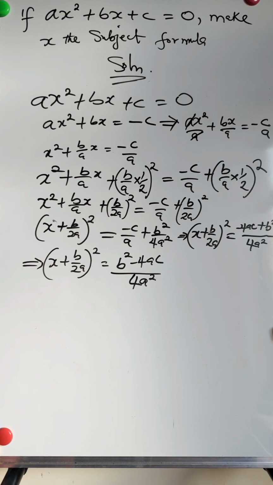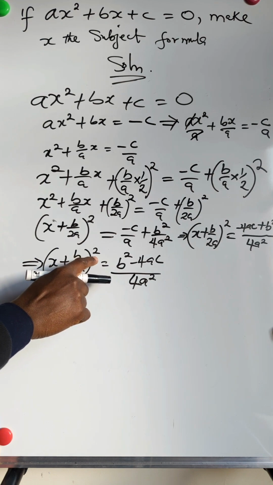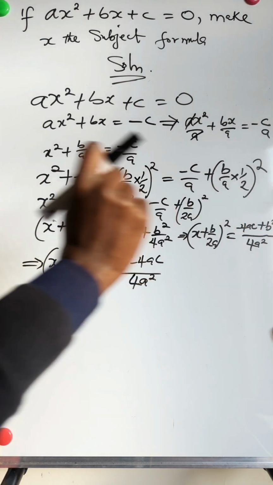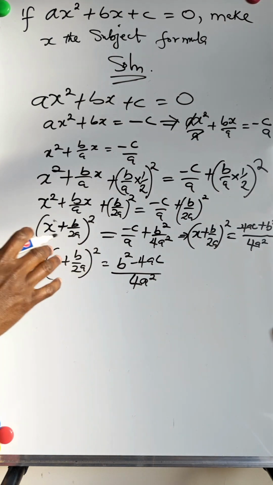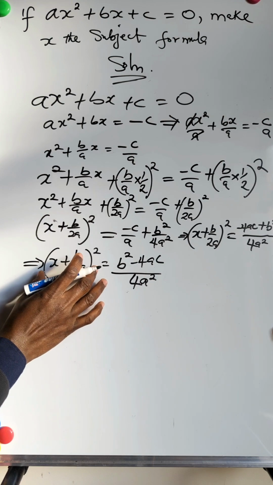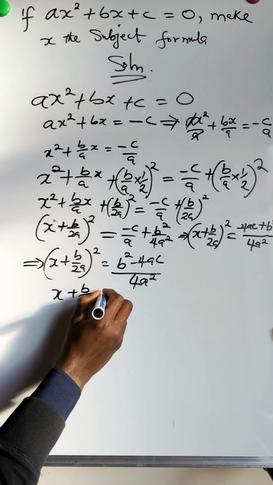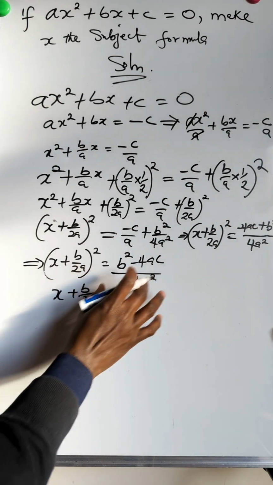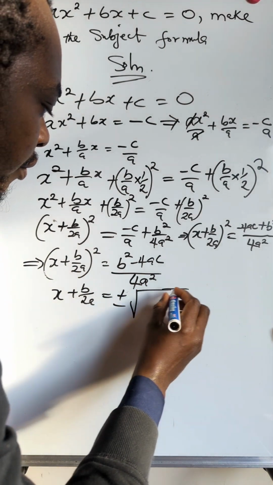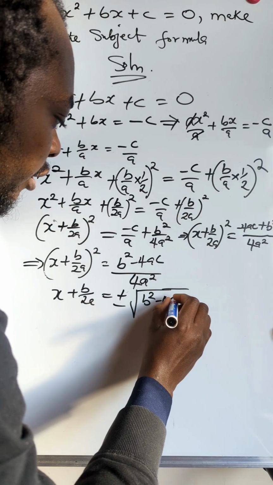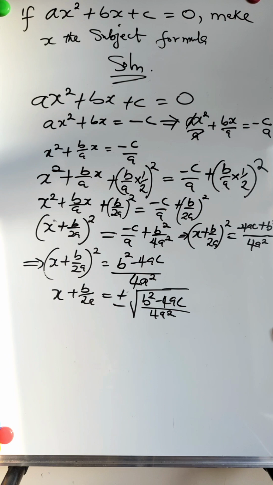Now we're trying to make x stand alone. So the next thing we do to remove this square is by taking the square root of both sides. If we take the square root of this side, this square will be gone. We're left with x plus b over 2a is equal to, taking the square root of this side, we introduce plus or minus the square root of b squared minus 4ac all over 4a squared.